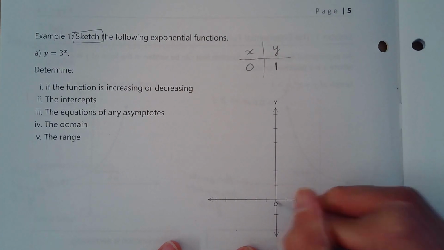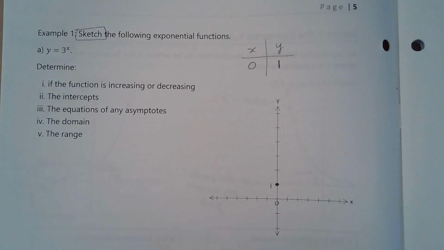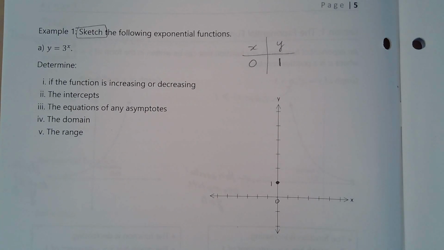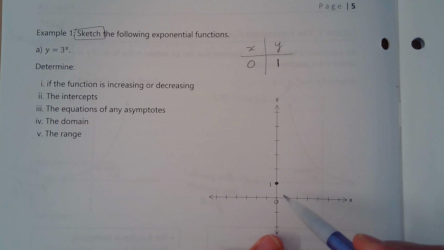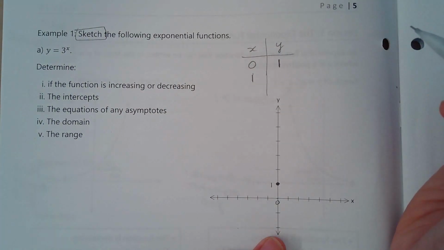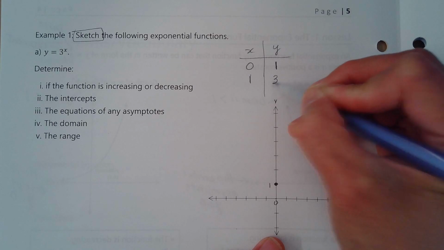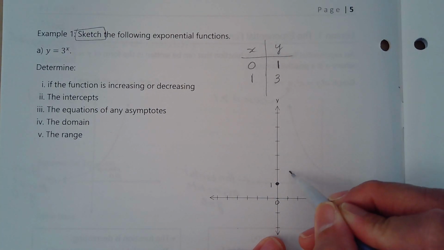So this is 0, this is 1. That's one point. Now, the other point we're going to take a look at, what if x is 1? That's going to give us 3. So (1, 3).